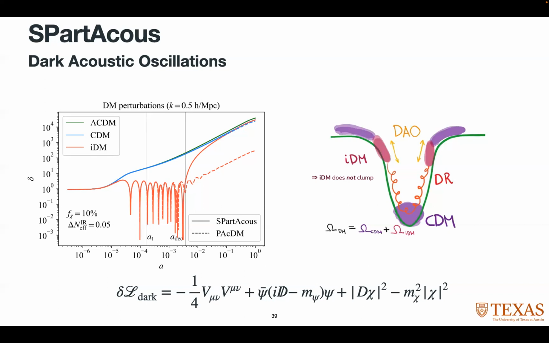You just have the matter fluctuations. So the difference can be expressed in this Lagrangian, but for PAcDM there is no cutoff, as I explained.